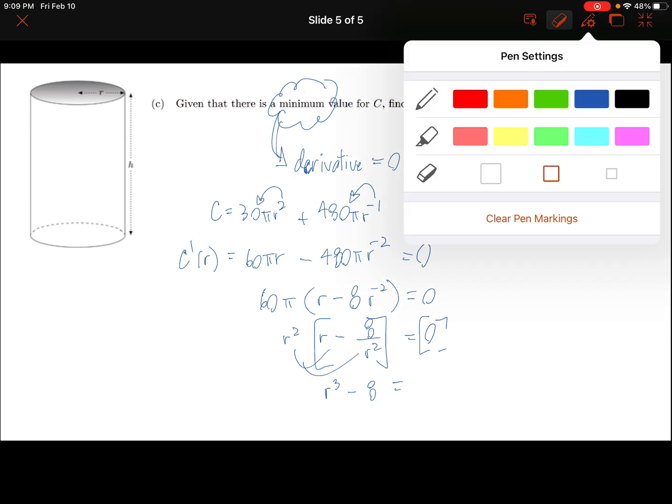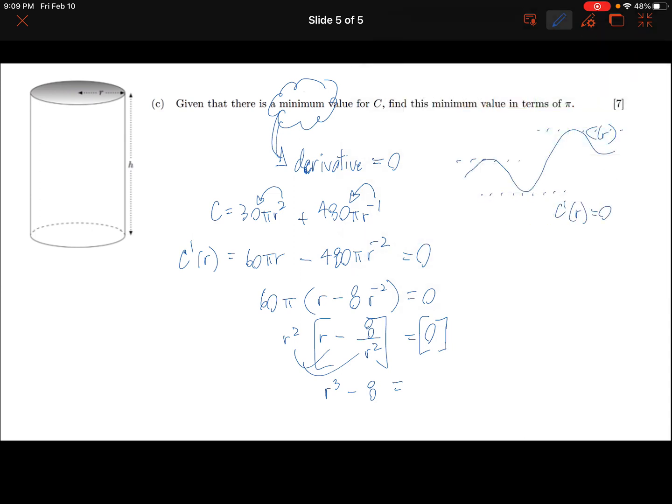So we're left with r cubed equals 8. And then we have to take the cube root of both sides, and therefore r is equal to 2. That's the radius. That's going to provide a minimum cost, yet still having the 24 pi volume.